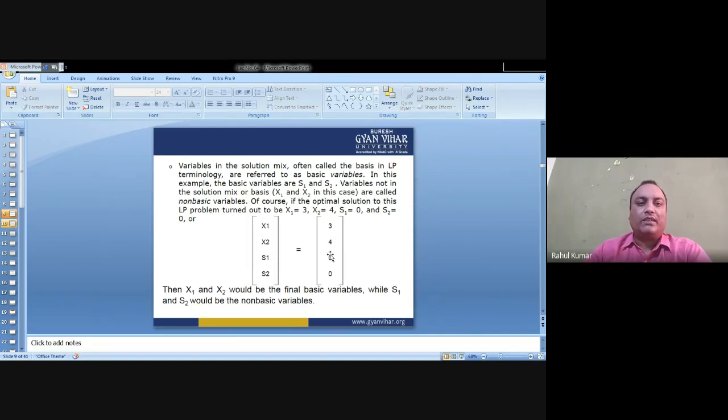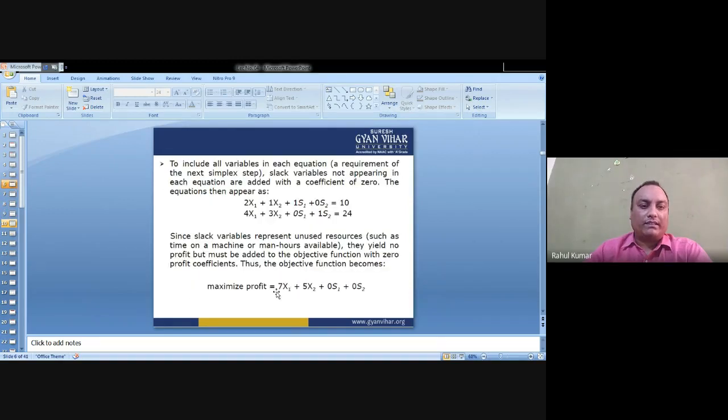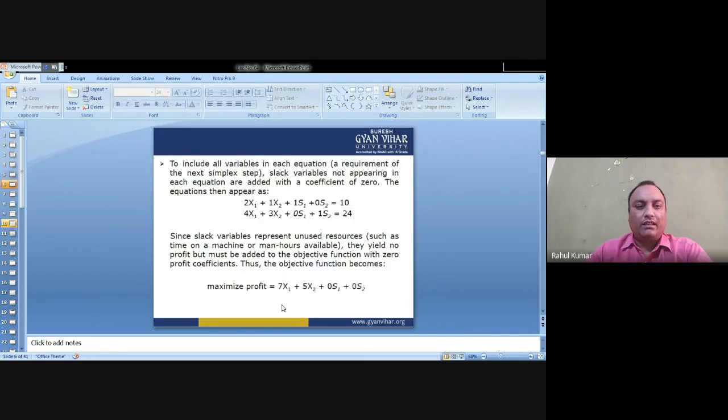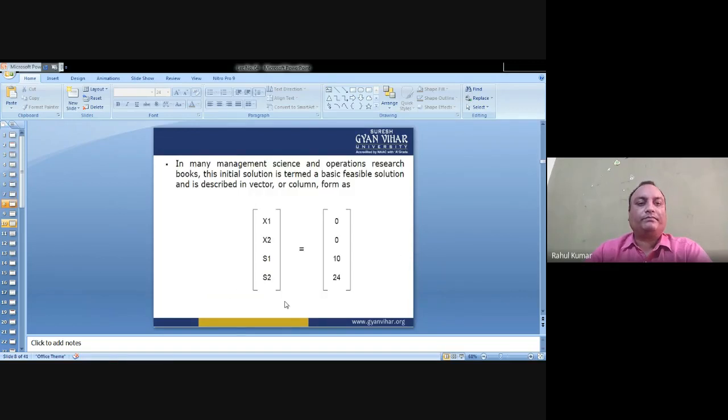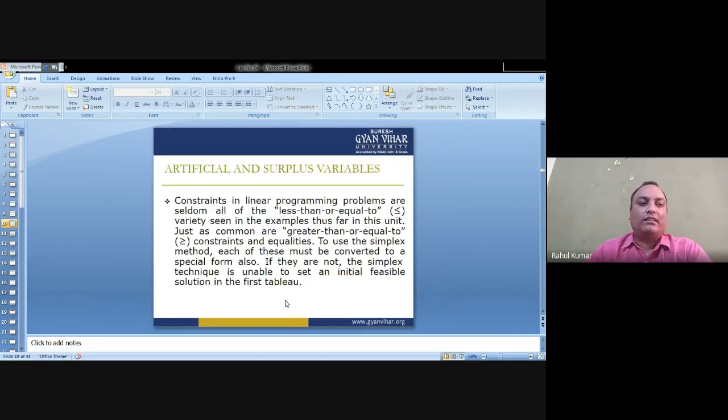Put these values in the maximum profit function: 7 into x1, where x1 equal to 3, so 7 into 3 plus 5 into 4, 21 plus 20, which is 41. 41 units is the maximum profit for this question, right? So this is the solution of this problem. This is a very easy step to solve this problem.